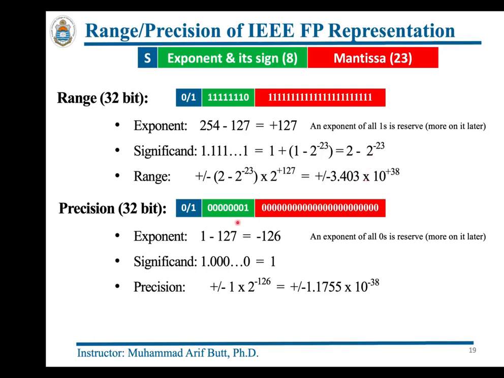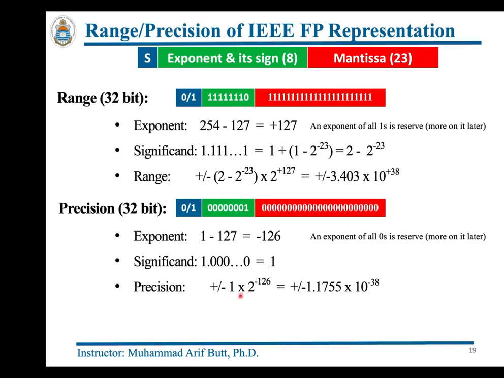Over here the exponent of all 0 is also reserved. So the smallest biased exponent is 1, and its corresponding true exponent is minus 126. All zeros in the mantissa or significand part along with an implied 1 as shown over here makes the significand equal to 1.